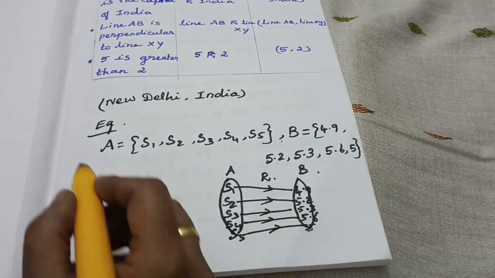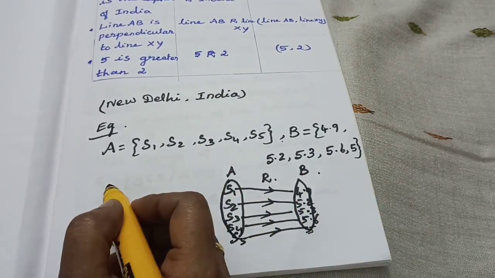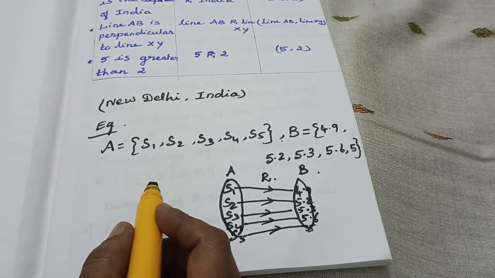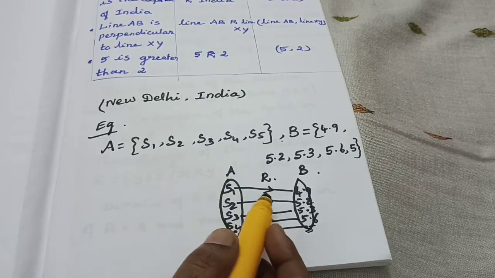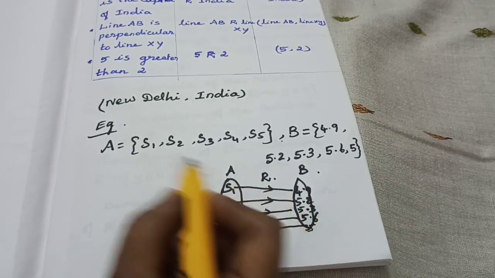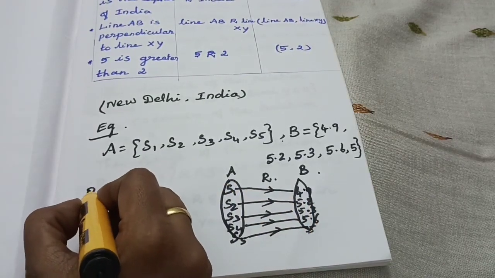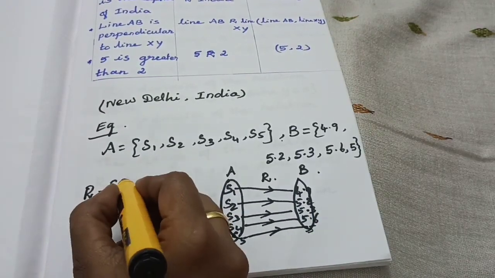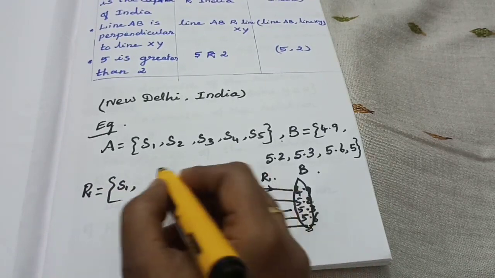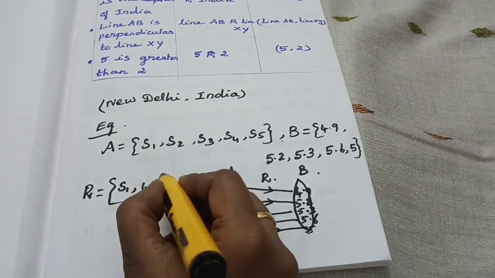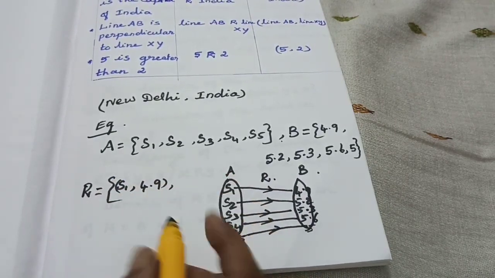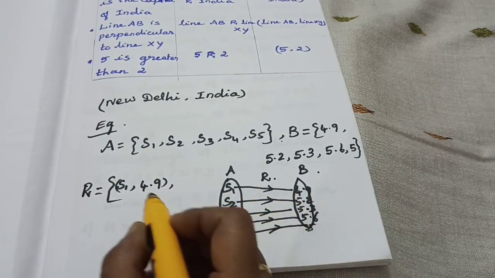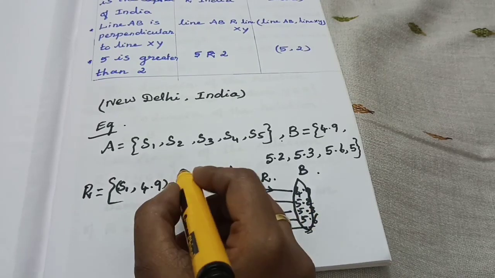Then how can we write the relation? This relation is between the heights of the corresponding students. R equals the set of (S1, 4.9). Like that I took the relation. Then S2, what is the relation?